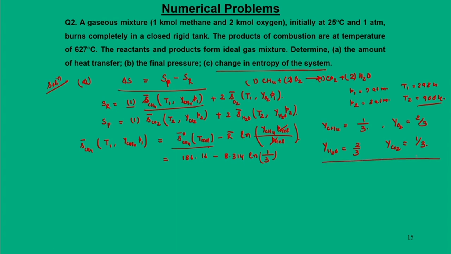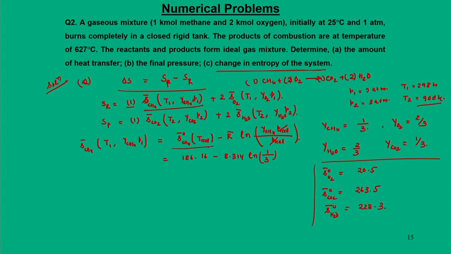Now similarly, from the other data we can find S bar O2. This value is 20.5. S bar CO2, absolute entropy for CO2, is 263.5. S bar H2O is 228.3.